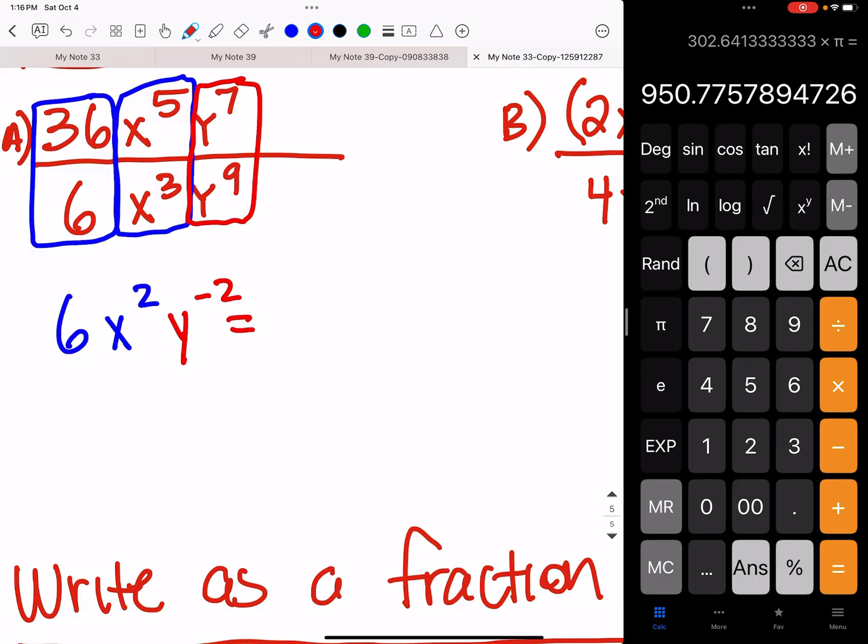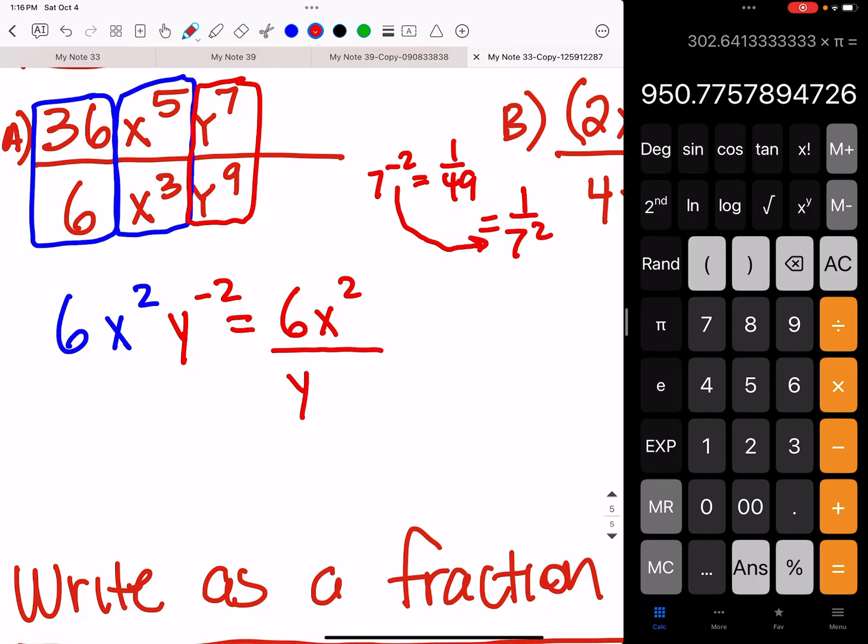So to get rid of that, remember how we said 7 to the -2nd power is 1/49th, which is 1 over 7 to the 2nd power. So a negative power looks like a positive power just on the bottom. The 6 and the x squared are positives, so they can stay on top, but the y squared is going to end up dividing. So you can put it as a positive power on the bottom of the fraction.